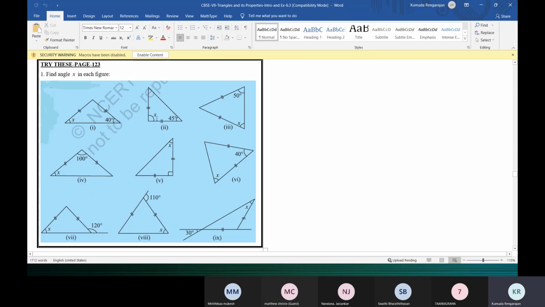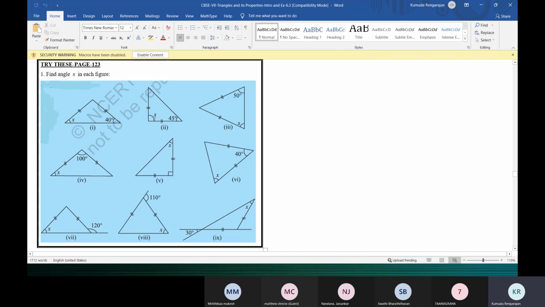So the equation is x plus 45 plus 45, because if this is 45, this is also 45. Children, when these two sides are equal, these angles are equal. So if this is 45 degrees, this is also 45 degrees.